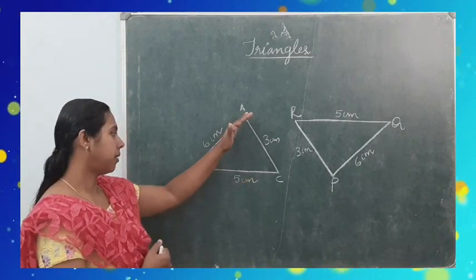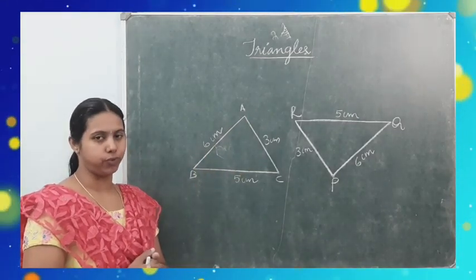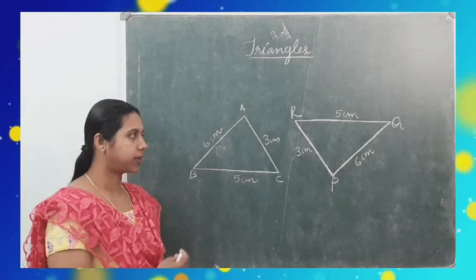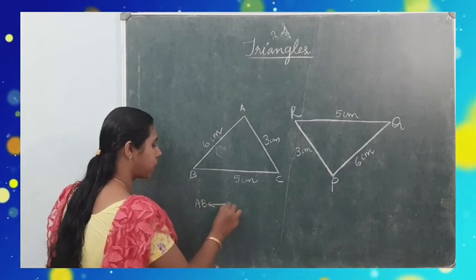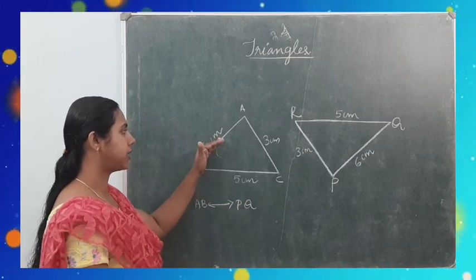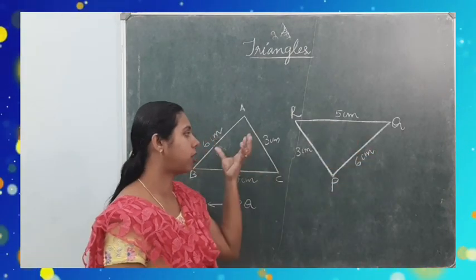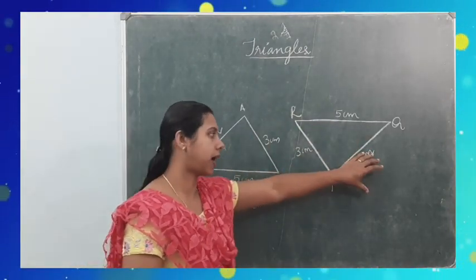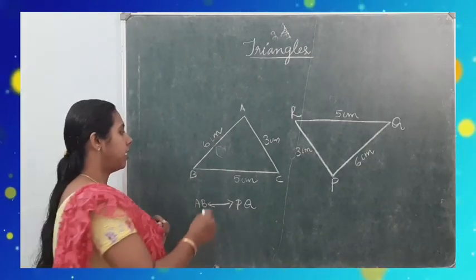So the side AB will coincide with the side PQ. By checking the correspondence, you can see that side AB corresponds to side PQ. AB is equal to 6 centimeters, PQ is equal to 6 centimeters. When you keep this triangle on top of this, the side PQ will coincide with the side AB.